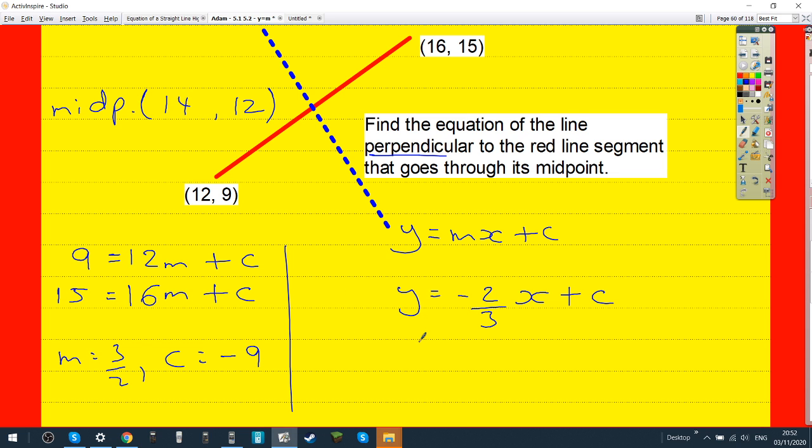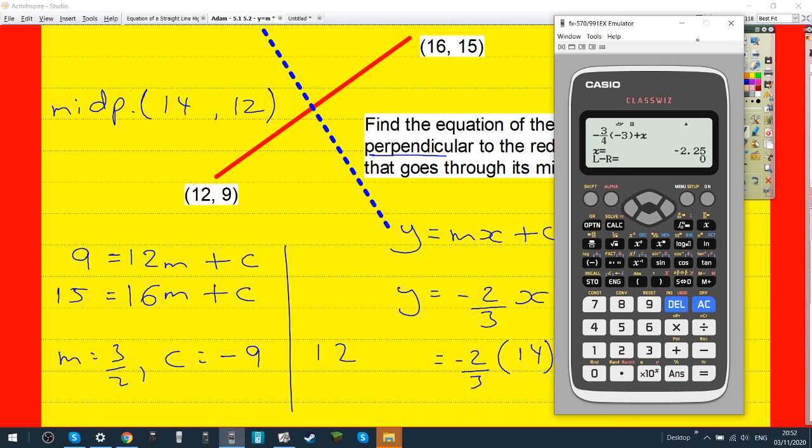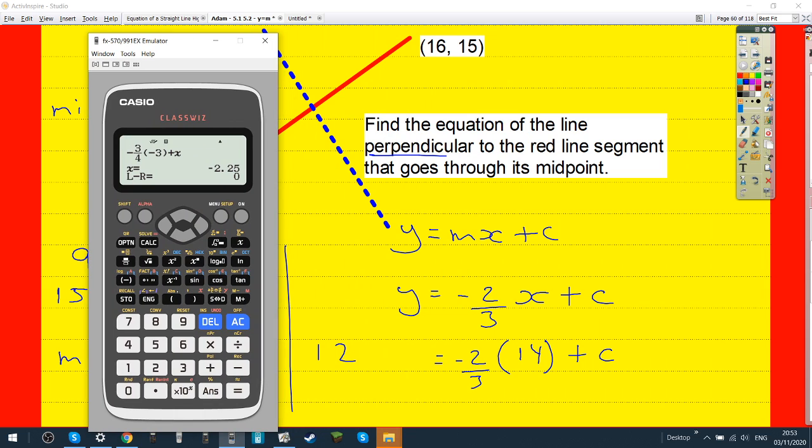Which would give you 12 equals minus 2 over 3 brackets 14 plus c. And you worked it out, which gives you minus 28 over 3. So 12 equals minus 28 over 3 plus c.